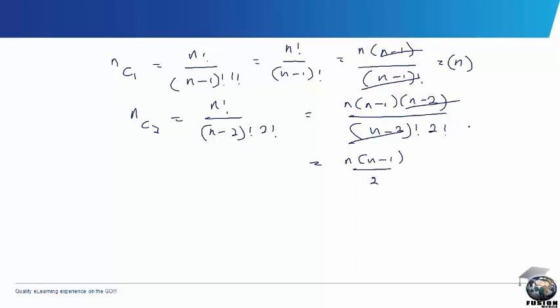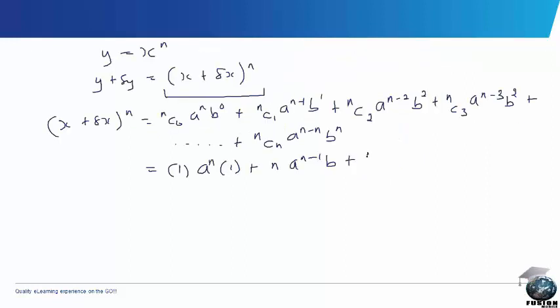Because 2 factorial is 2 times 1, which is 2. Alright, n minus 1 all over 2. And so we bring a raised to power n minus 2 and b raised to power 2.